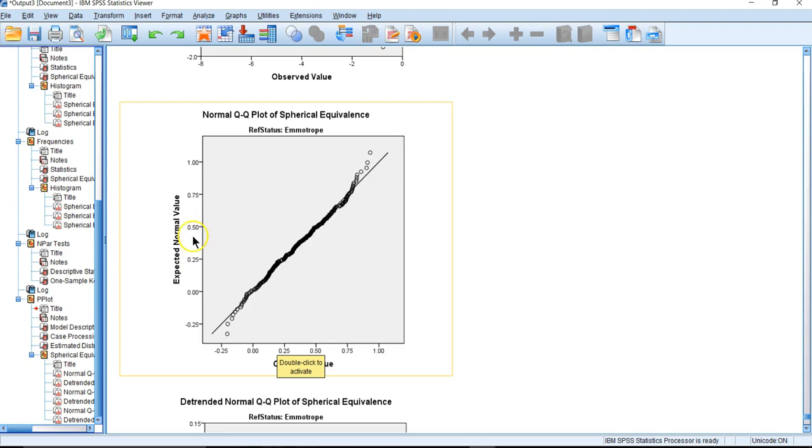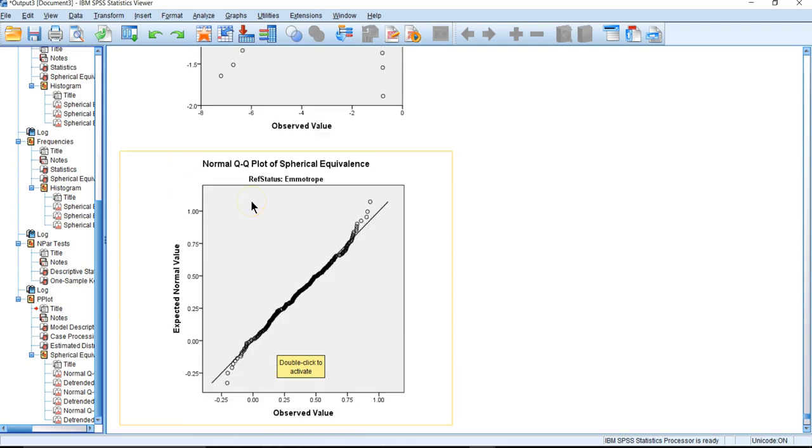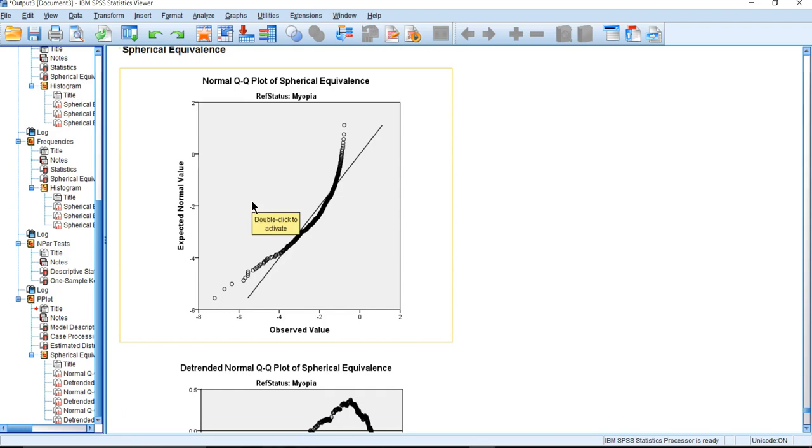And if we look at the expected value, that's taking a normal distribution and looking at the cumulative normal distribution: given the frequency of each point down here, what is the cumulative frequency in the normal distribution that you would expect? And so if we look at the myopes, we're finding a lot more negatives than we would expect, and a lot fewer positives than we would expect in a normal distribution.